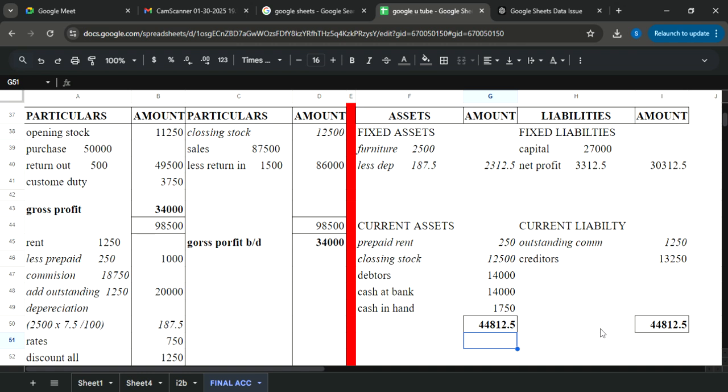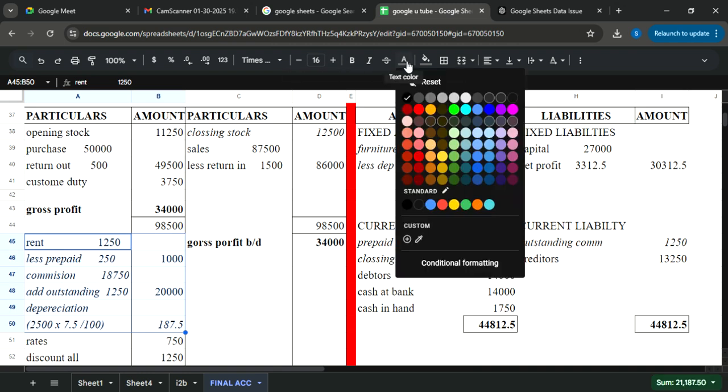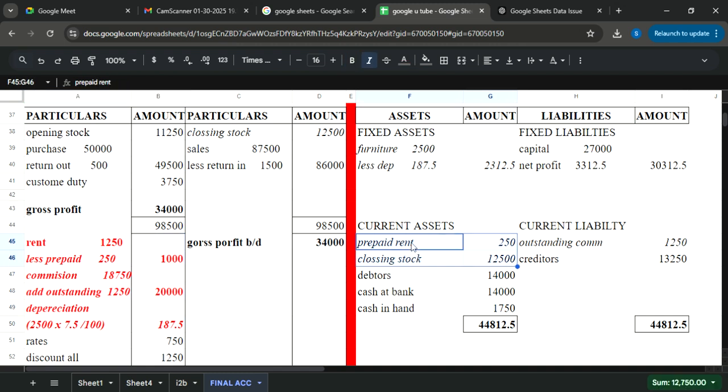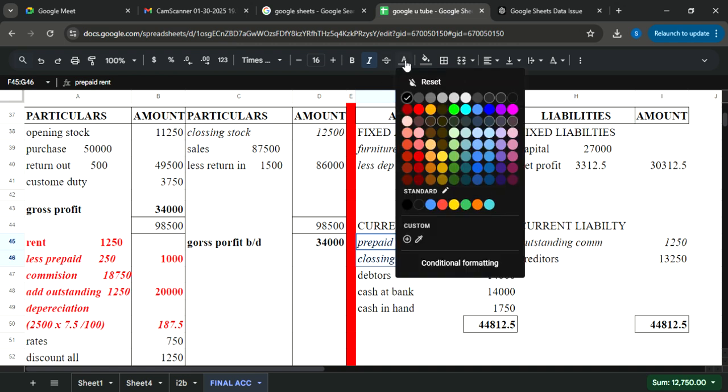The only request I can make is to understand these adjustments. Let me clarify it in a more appropriate manner. Here I have highlighted. As you can see, some of these elements are present over here as well.